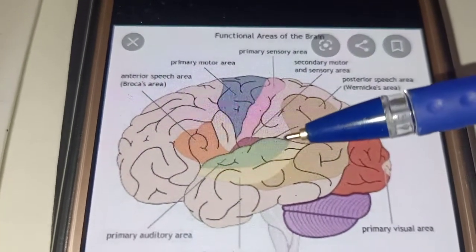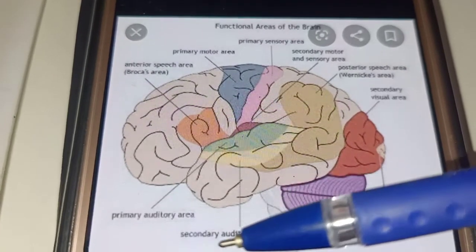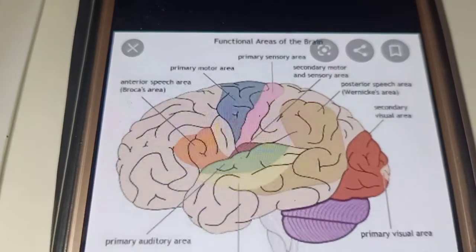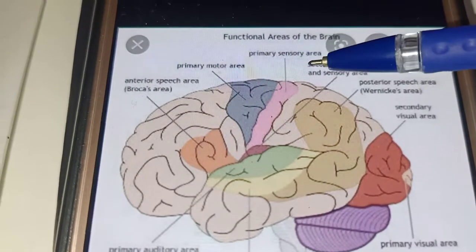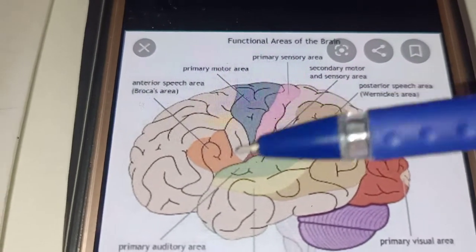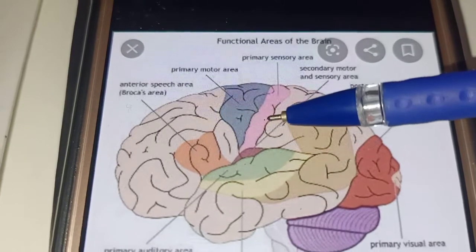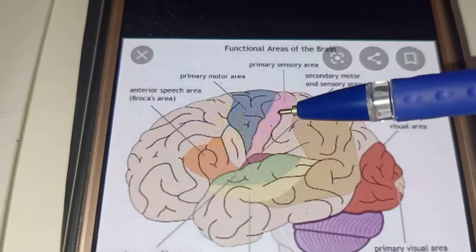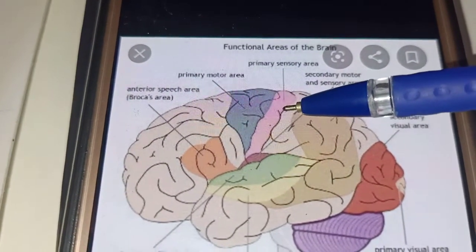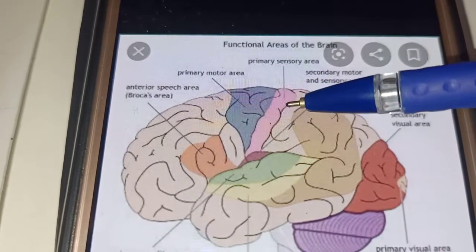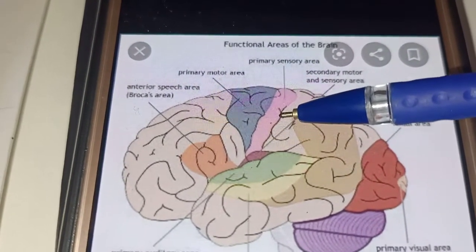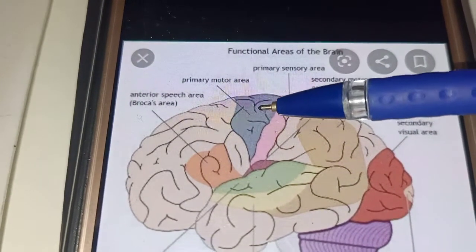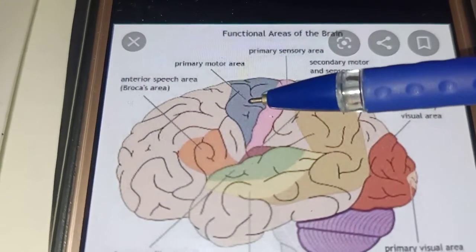So what happens? The impulses or signals from below reach the primary sensory area in the cerebrum via the afferent fibers. These impulses get processed in this area. They then reach the association area, get processed there, and reach the motor area in the brain.